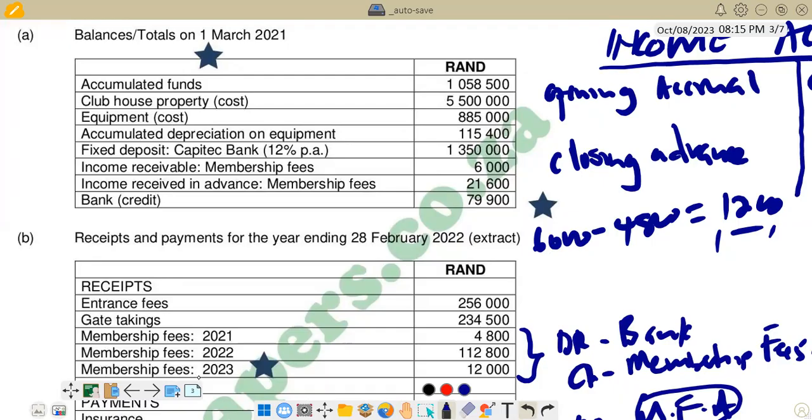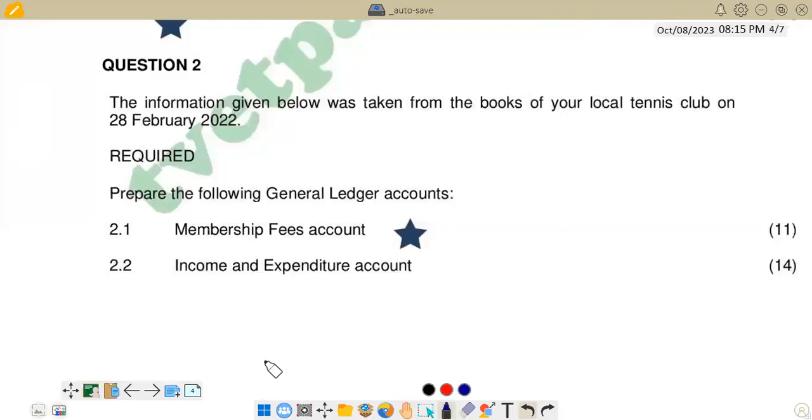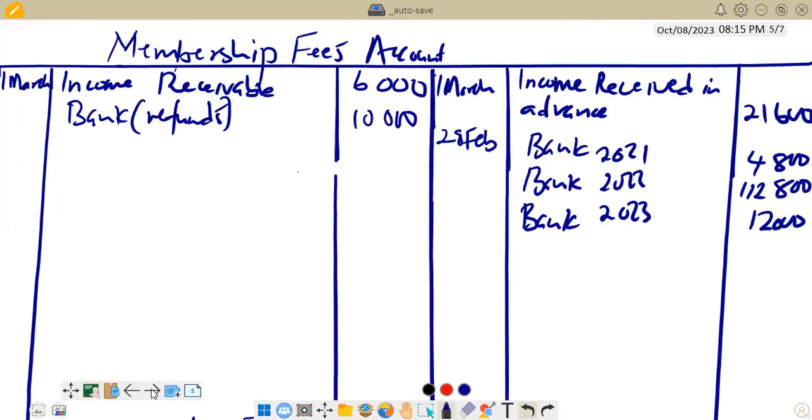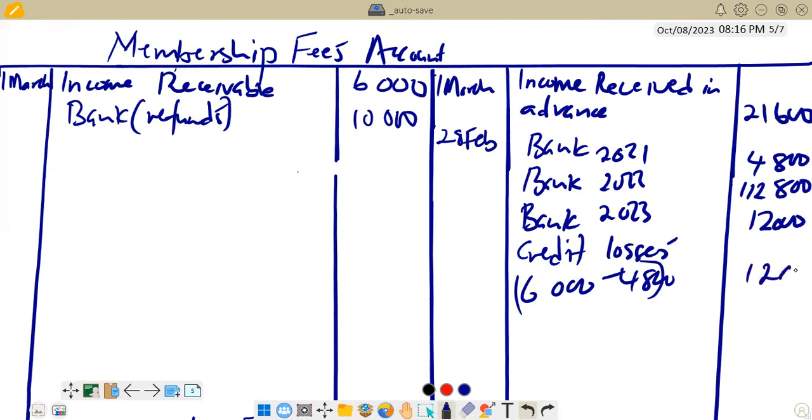So we go to the credit side of the membership fees account, and we put that amount in there. This one is credit losses. So we see 6,000 minus 4,800, and if you calculate it correctly, you get 1,200 there.